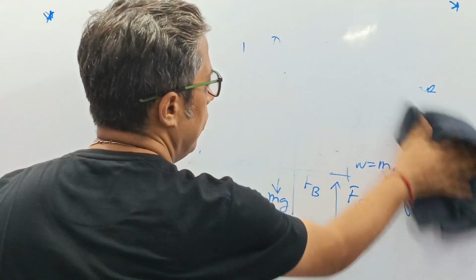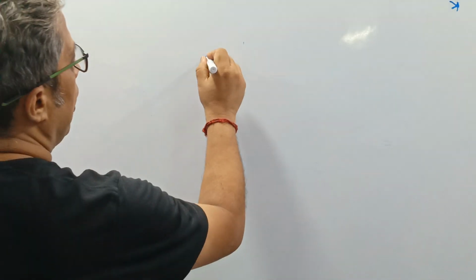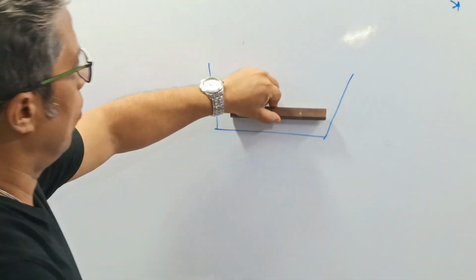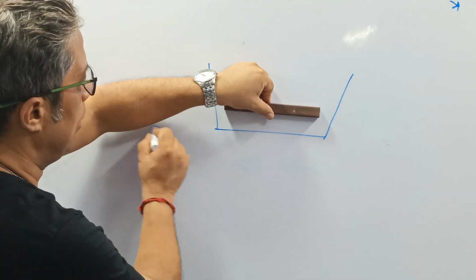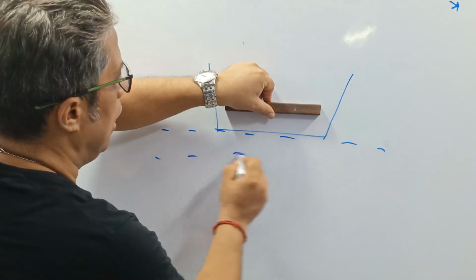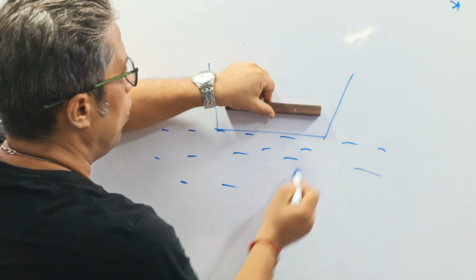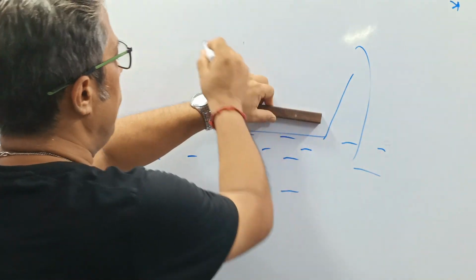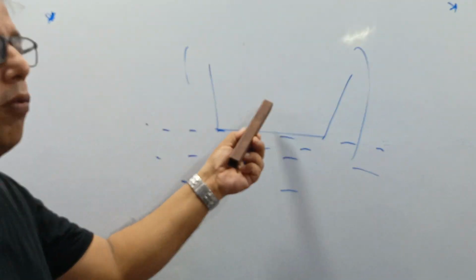Let me show you. Let's say we take a container here and we place this metal inside the container and there is a liquid. So what happens is that the full system will float because of this container.